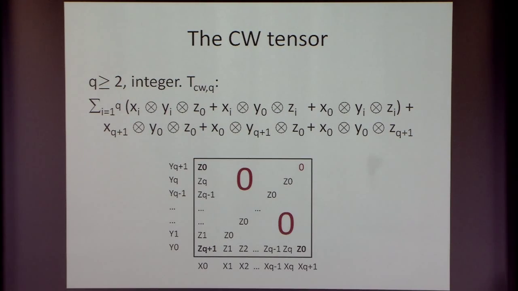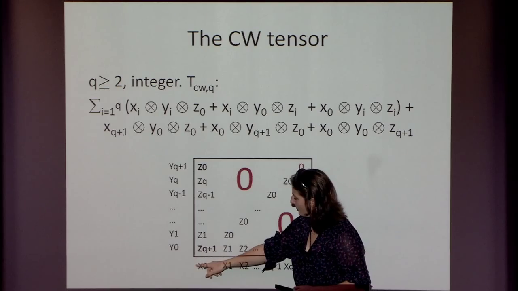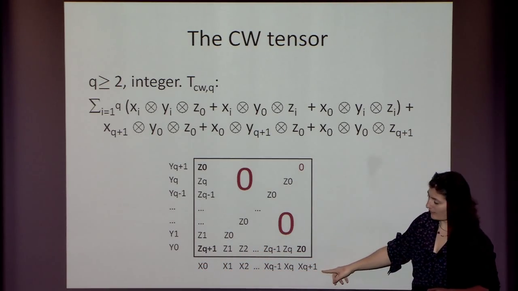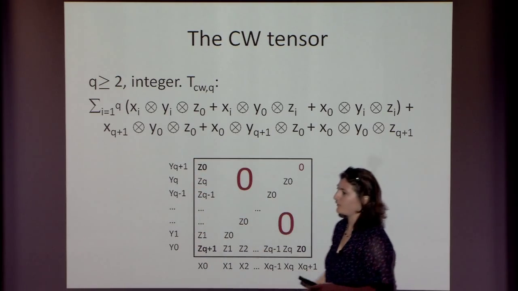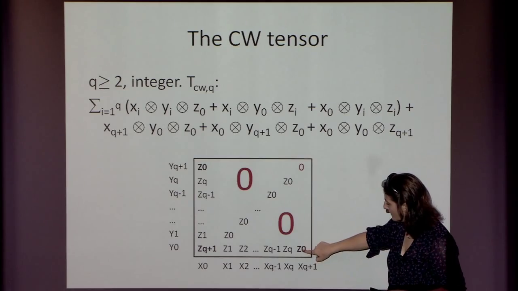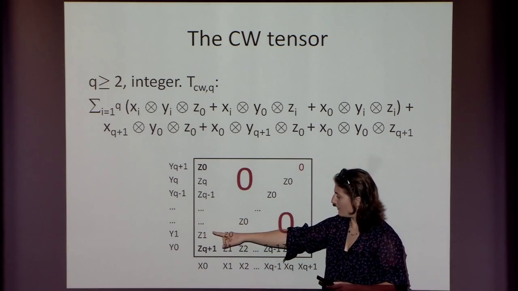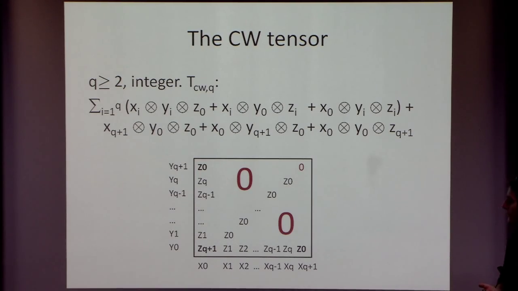And if you would like to look at it in this nice pictorial view that I recently learned, you can have a matrix where the x variables index the columns, the y variables index the rows, and the z variables are placed in the entries. So in the x_i, y_j entry, you place the z variable that appears in the tensor.